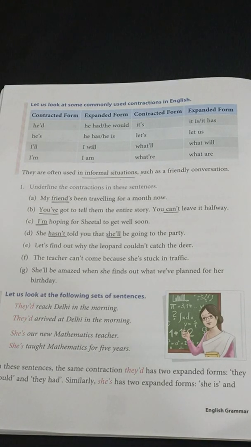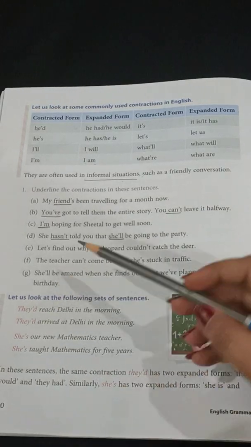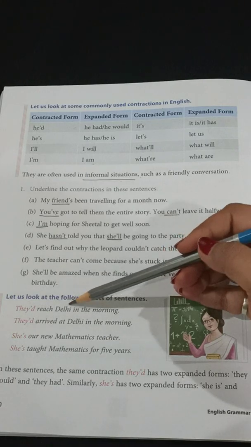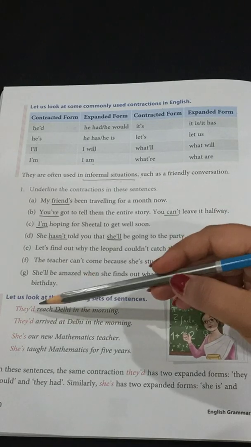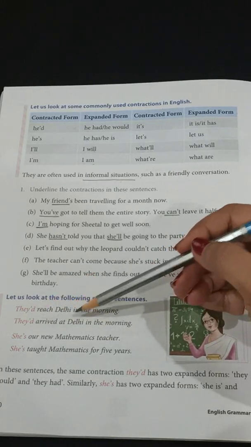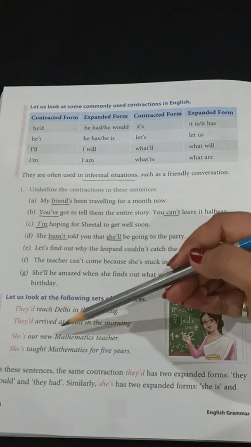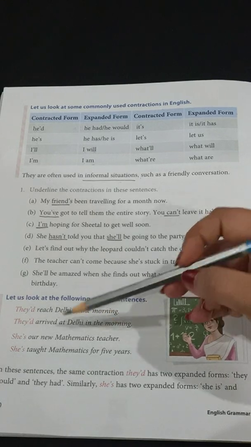Now let us look at the following sets of sentences. They'd reach Delhi in the morning. They'd arrived at Delhi in the morning. She's our new mathematics teacher.